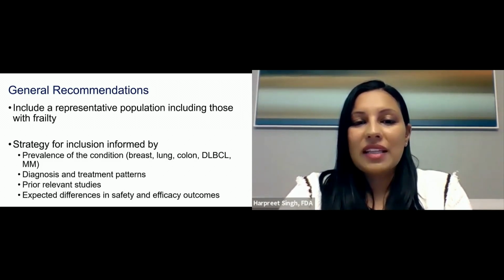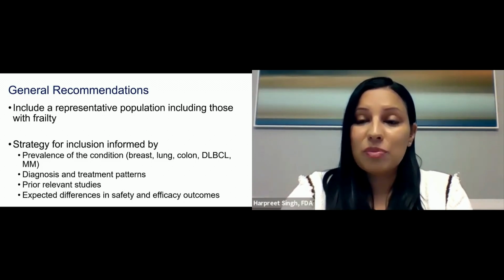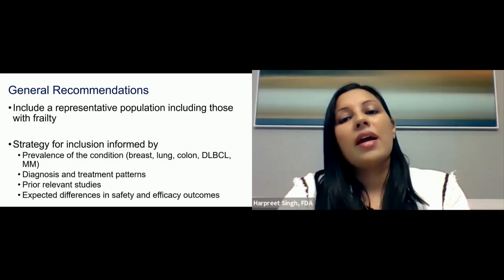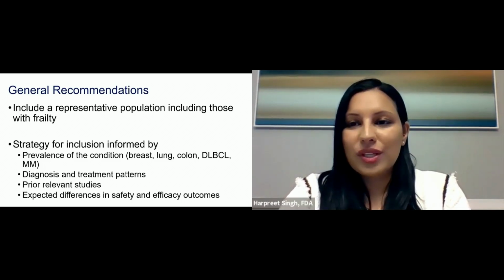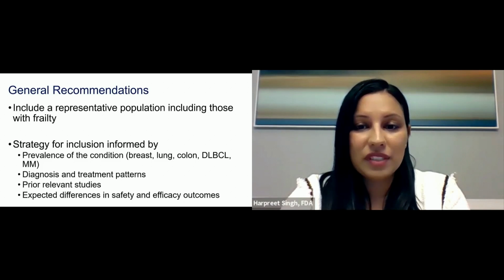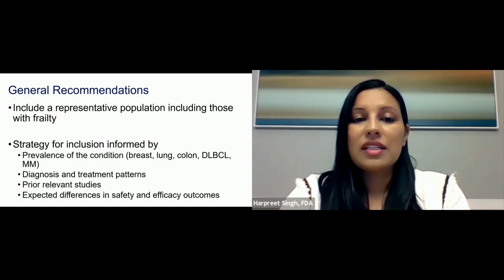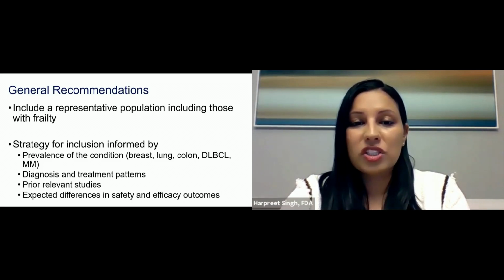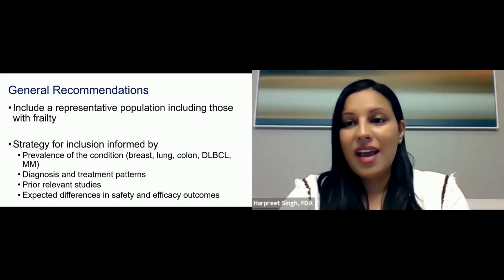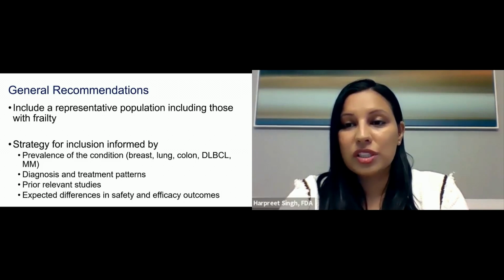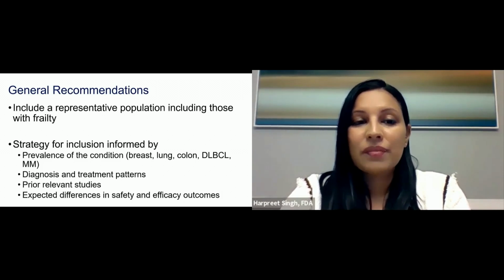And to that, we say that your strategy for inclusion of older adults should be informed by, first, the prevalence of the condition. Breast cancer, lung cancer, colon cancer, lymphomas, and multiple myeloma are examples of diseases in which there is a significant proportion of older adults at the time of diagnosis. Unfortunately, in most clinical trials submitted to the FDA for registrational intent, we do not see an adequate representation of older adults in these populations.